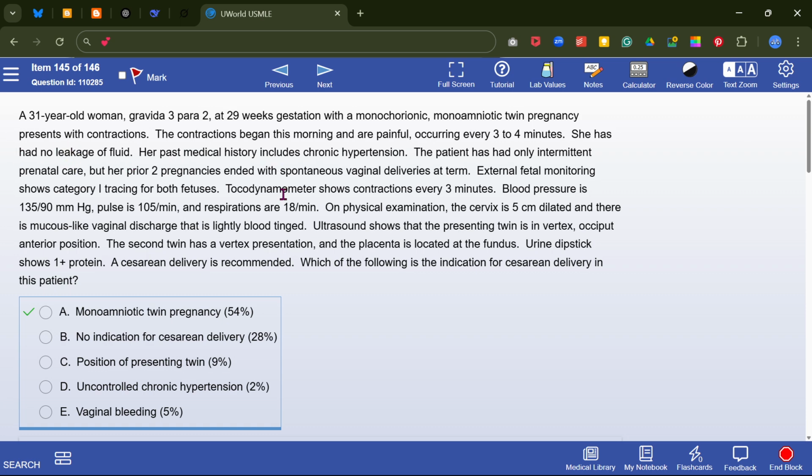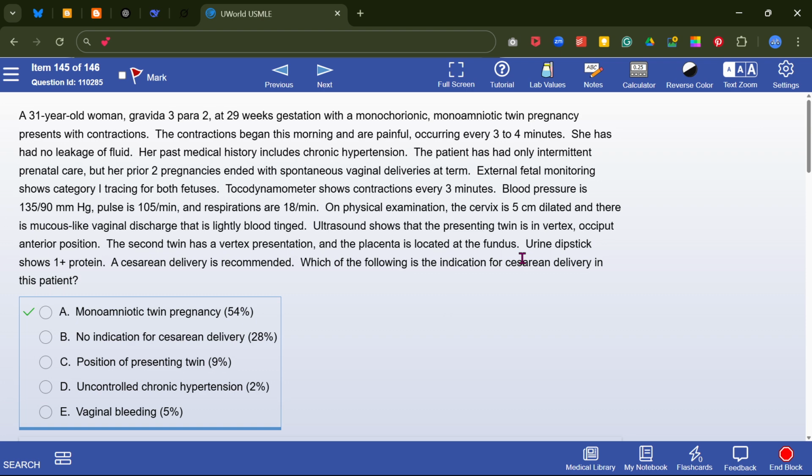There is no leakage of fluid, and external fetal monitoring shows category 1 tracing for both fetuses. Tocodynamometer shows a contraction every 3 minutes. Blood pressure is slightly higher, and the cervix is 5 centimeters dilated. There is mucus-like vaginal discharge that is lightly blood tinged.